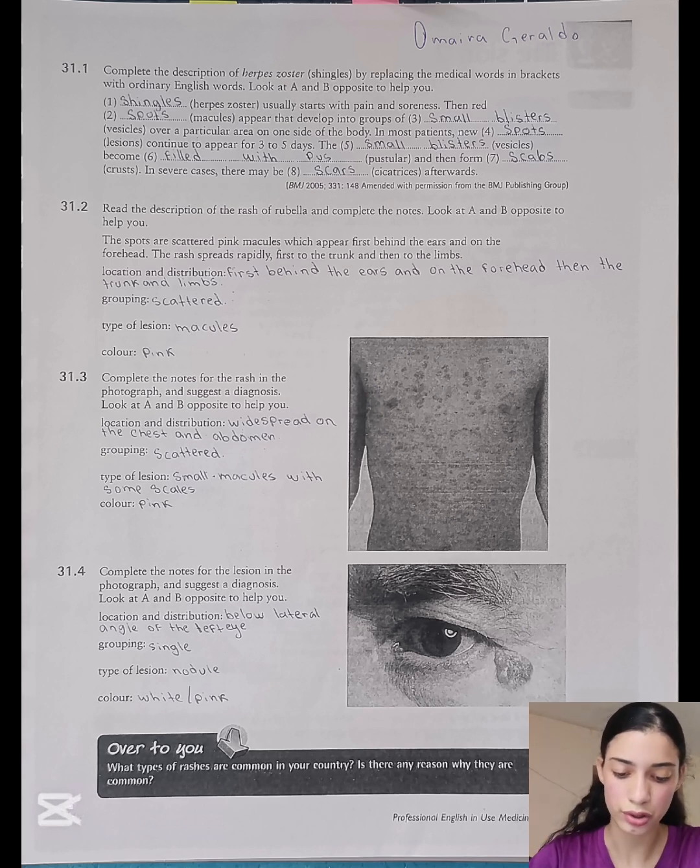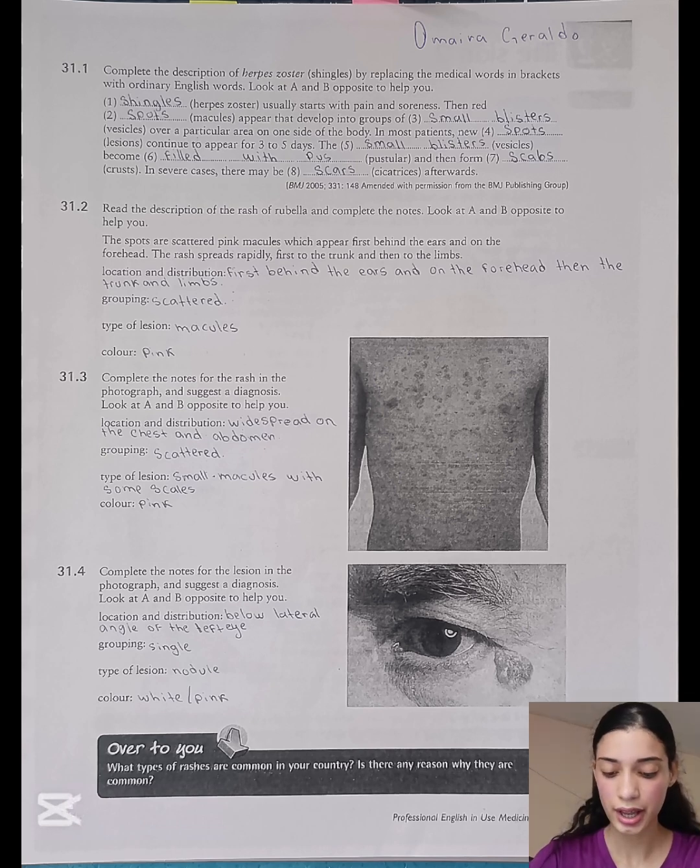Location and distribution. First behind the ears and on the forehead, then the trunk and limbs. Grouping, scattered. Type of lesion, macules. Color, pink.